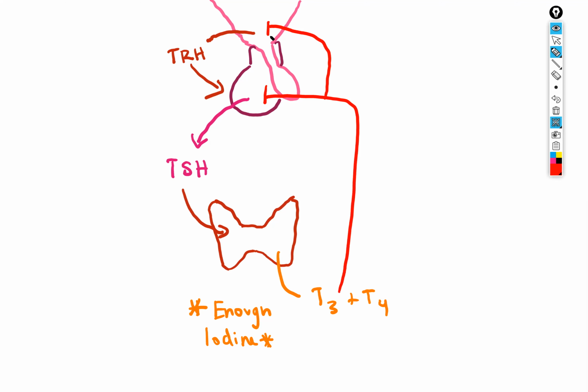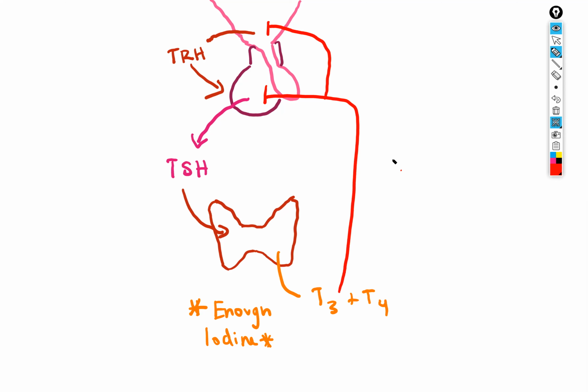So what this does is help keep the amount of circulating thyroid hormone reasonable. You don't want too much, because then you'll have a hard time keeping on weight and other things. I'll show you what Graves' disease looks like. And you don't want too little, because then you have a hard time keeping weight off and you feel tired and sluggish all the time. So there's like a Goldilocks amount of thyroid hormone, and negative feedback is how that's accomplished.